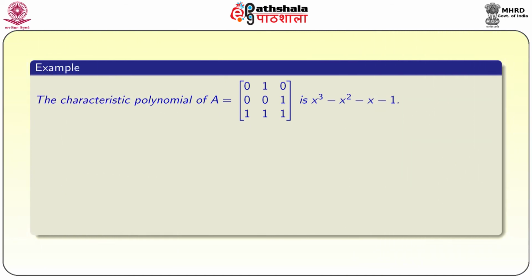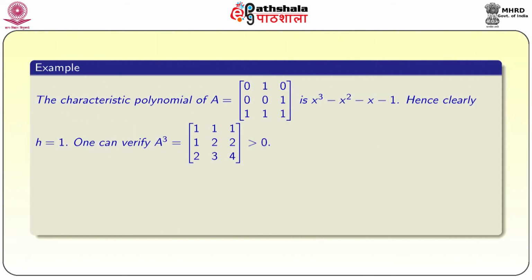Consider the matrix A equal to 0, 1, 0, 0, 0, 1 and 1, 1, 1. For this matrix, the characteristic polynomial can be verified as x cube minus x square minus x minus 1. Hence, clearly h equal to 1 by using the previous result.